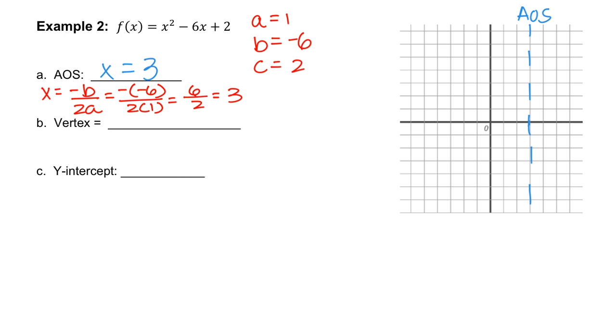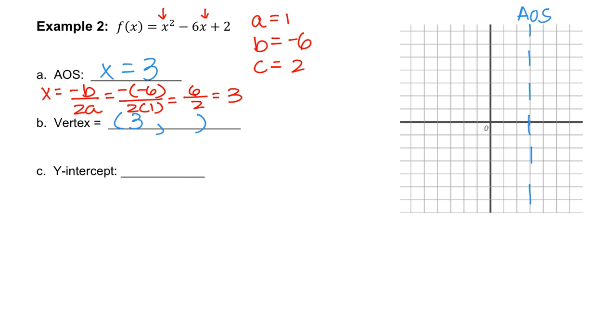Okay, so the vertex is a point, so it's x comma y. The x value is the number from my axis of symmetry, which is 3. The y value comes from plugging that 3 in to f of x.